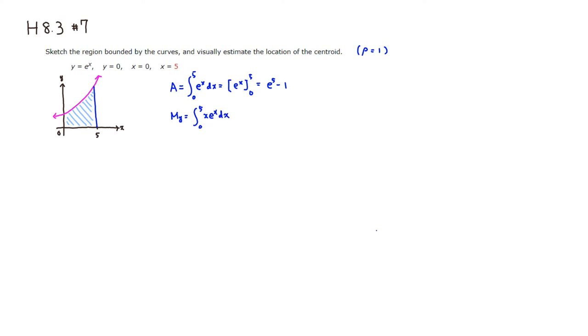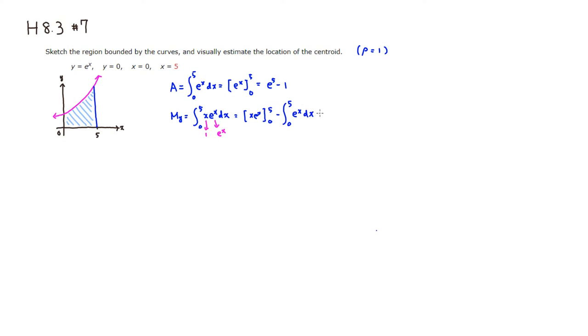Then I'm going to do integration by parts. Take the derivative of this guy, we get 1. Take the antiderivative of this guy, you get e to the x. So you're going to get x times e to the x, going from 0 to 5, minus the integral from 0 to 5 of e to the x times 1, so you just have e to the x dx.